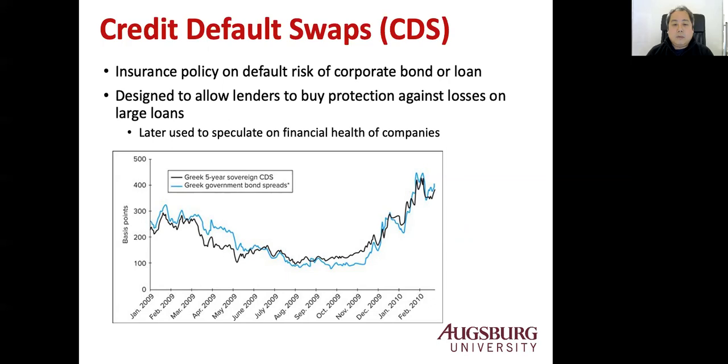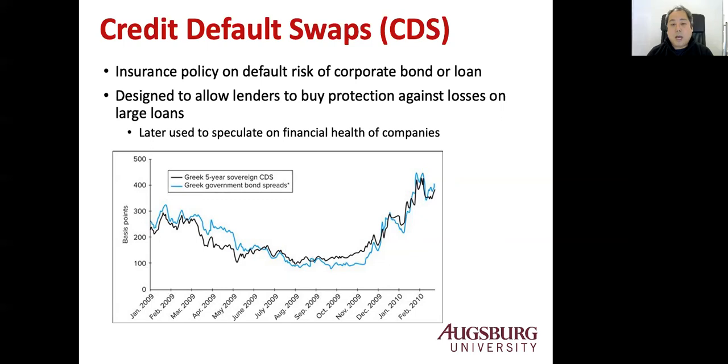If you see the Greek 5-year sovereign CDS and the Greek government bond spread, they go together actually. They move together because these two measures both signal the current situation of the bond default risk.